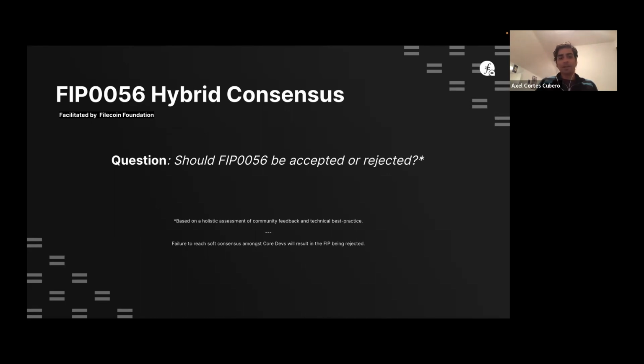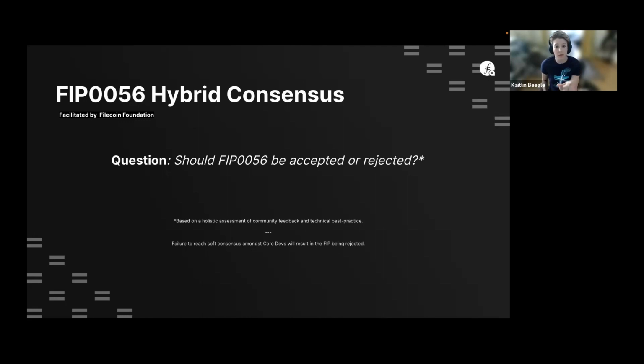Through soft consensus, which it's unclear what it means, but generally it's obvious to see that everyone is in agreement, that can only work for easy, small FIPs. In the future we may need to make some stronger, maybe more difficult decisions for the network. And if the approach we're going to take moving forward is only soft consensus, I don't think any such decisions could be made. So yeah, that's all.